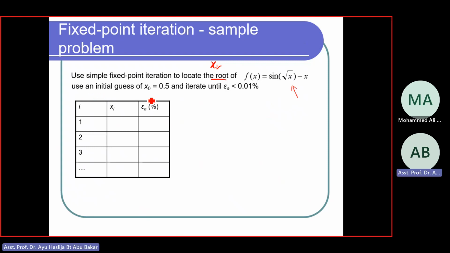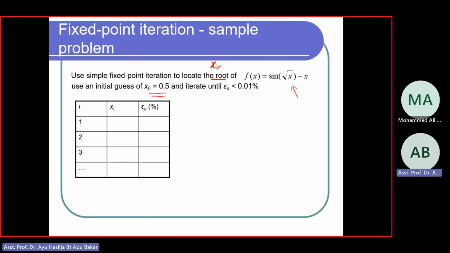Use an initial guess of x naught 0.5. It gives you a starting point, only one value. In open method, it will give you only one value for you to start your iteration. And it asks you to iterate until EA is lesser than 0.01%.